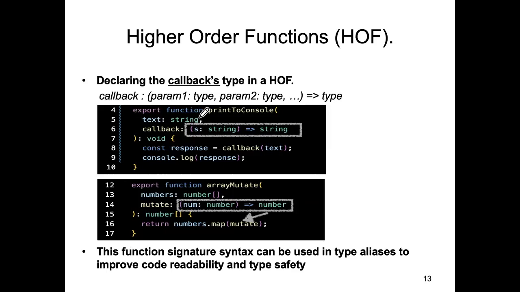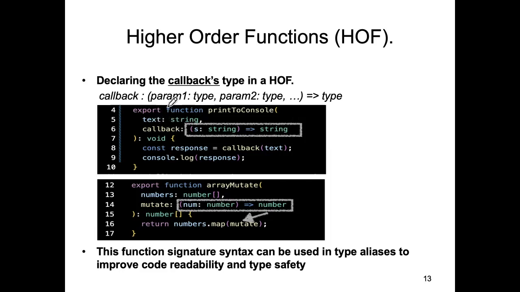So the question arises, how do we express the fact that a parameter is a function as opposed to a primitive or an object? And there is a syntax available to us in the language. We've actually seen it already in passing, but here's an example of it.